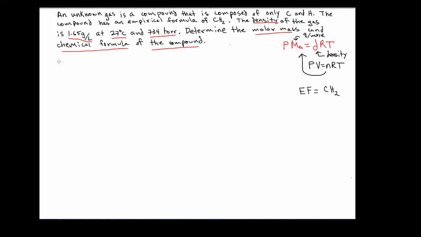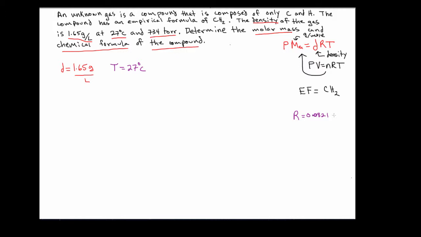So I'm going to translate the information that we're given down below so it's more useful or immediately extractable for us. So the density is 1.65, and that's units of grams per liter. The temperature is equal to 27 degrees centigrade. Now remember, anytime that we're using the ideal gas law that has the gas constant R in it, R is equal to 0.0821.